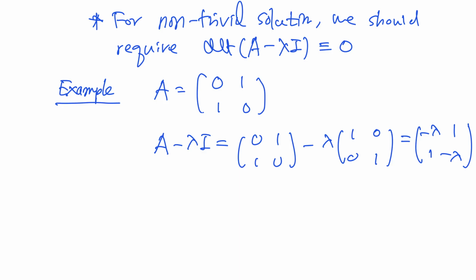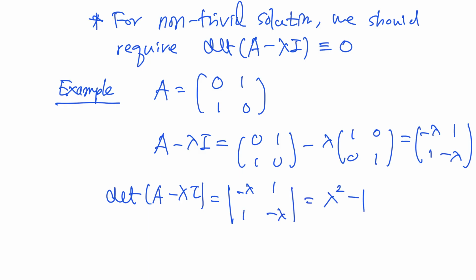So what is the determinant? It is A11·A22 − A21·A12, which is λ² − 1. That is equal to 0, so λ is plus 1 or minus 1.